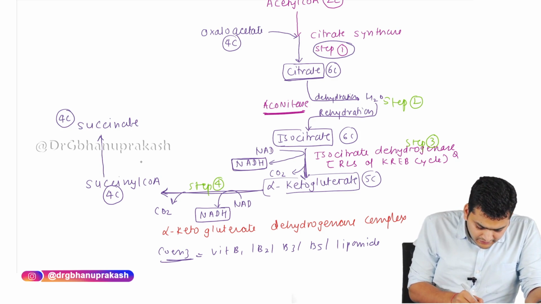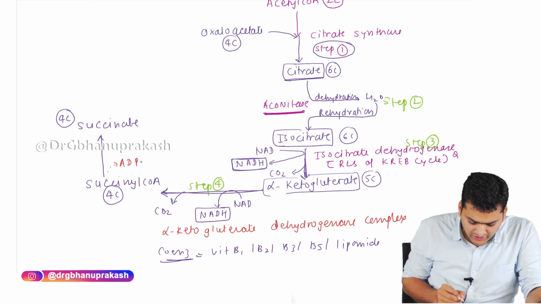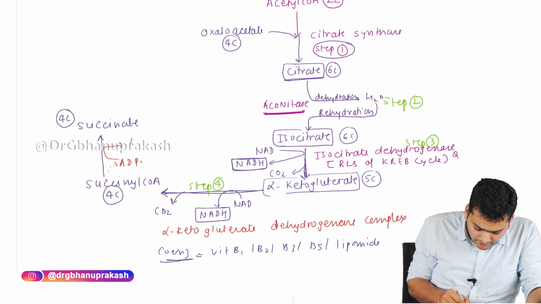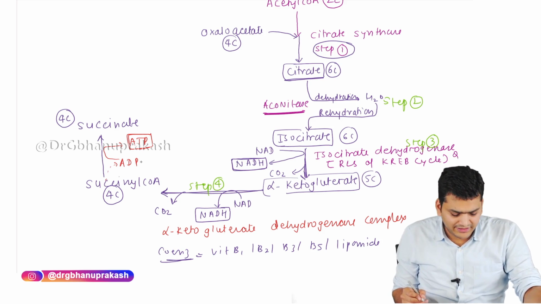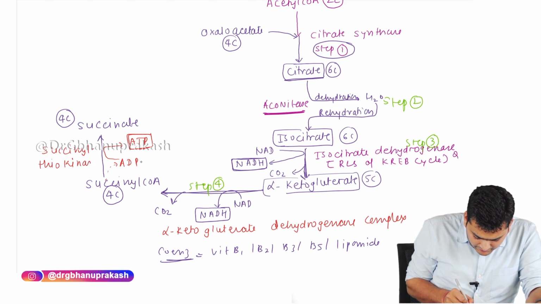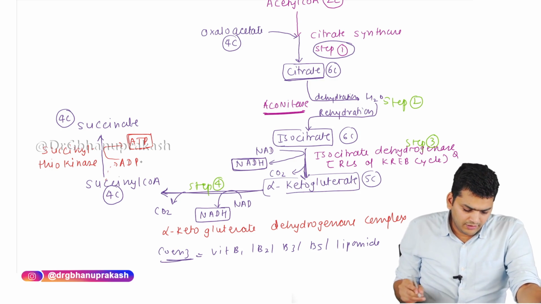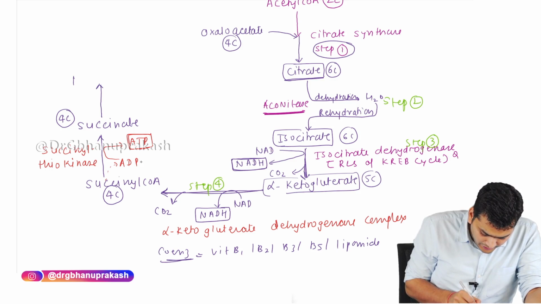In this reaction, ADP comes into the picture. We take one phosphate from the succinyl-CoA and convert ADP into ATP. Whenever we transfer the phosphate group, it is going to be a kinase reaction. The name of the enzyme is succinyl thiokinase.